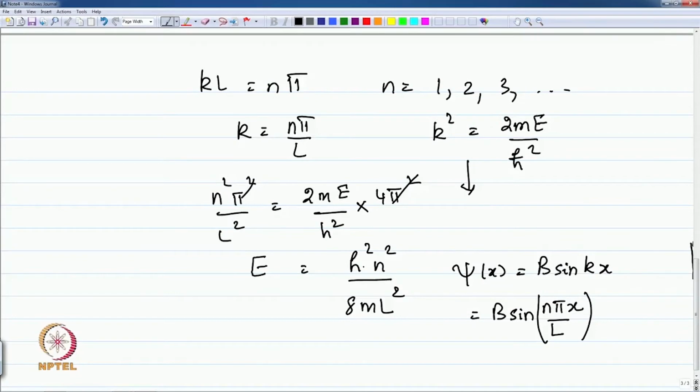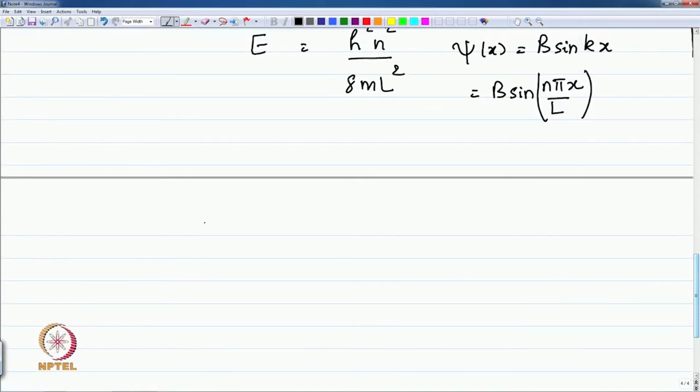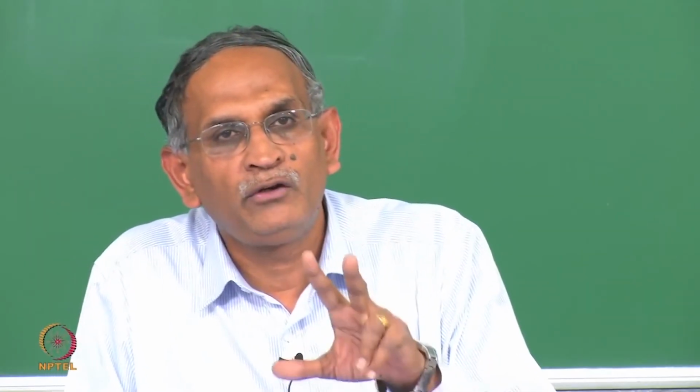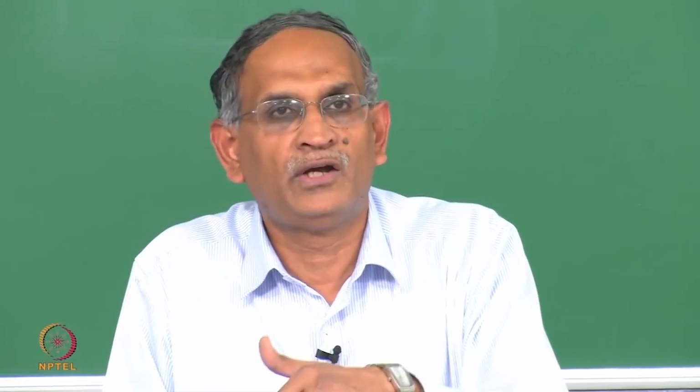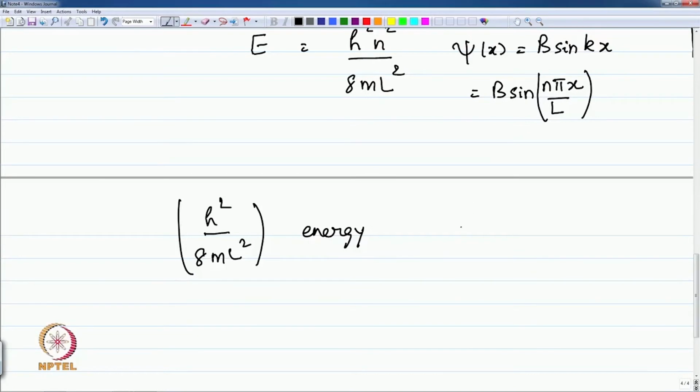You recall the quantity h squared by 8mL squared has the dimension of energy, and it has only two inputs for this problem, namely the mass of the particle m and the length of the box L, and the other constant is of course Planck's constant.